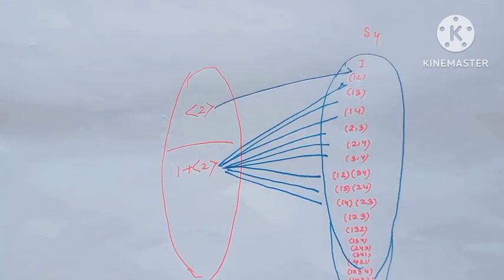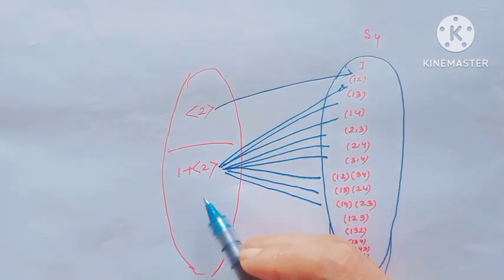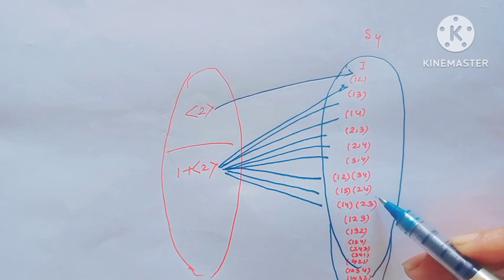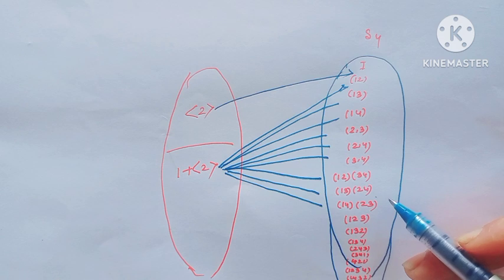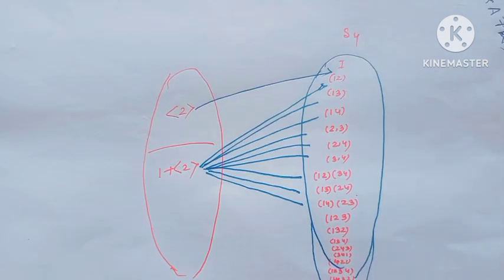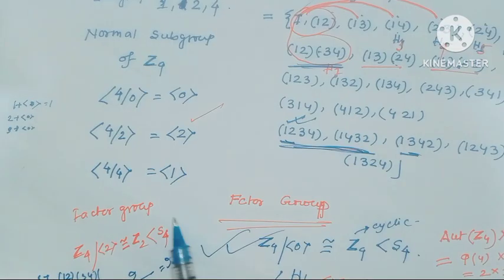That means there are 9 ways to map 1 plus square root of 2 in this element. So there exist 9 homomorphisms. I hope all my viewers have understood this picture, how there are 9 homomorphisms when the quotient group is isomorphic to Z2.